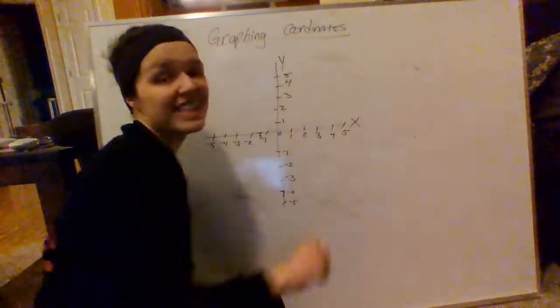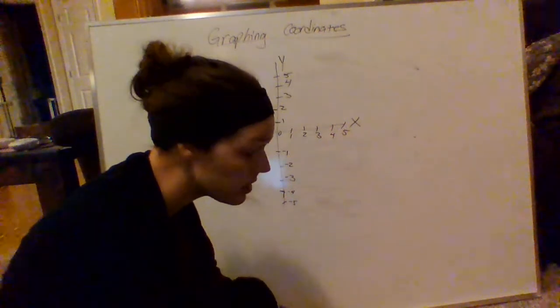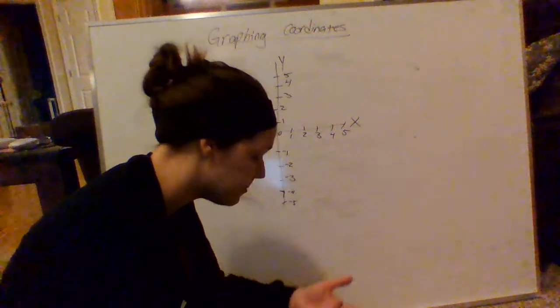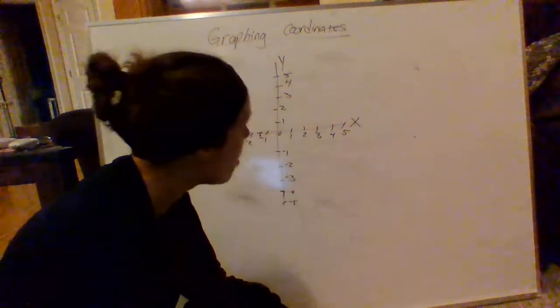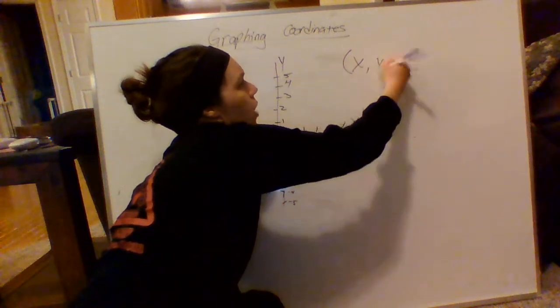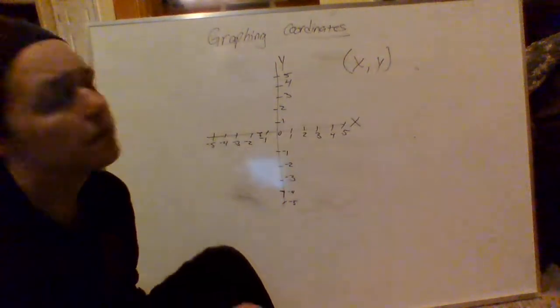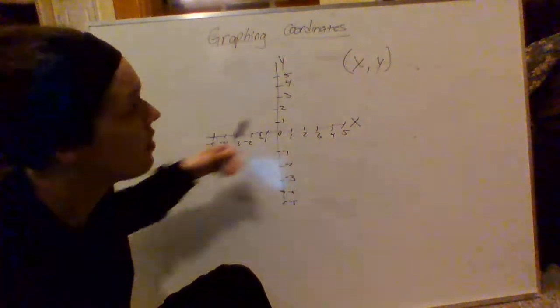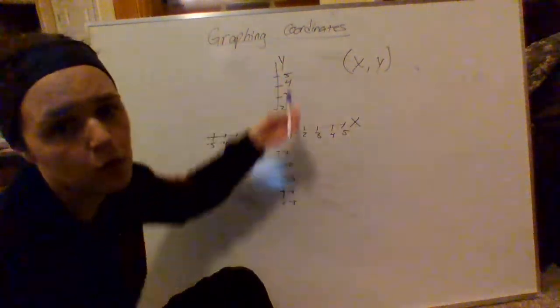It's very specific. So a coordinate is a point. Sometimes they call them points, coordinates, whatever. It always starts as x, comma, y. That means you have the number for x, and then the number for y.